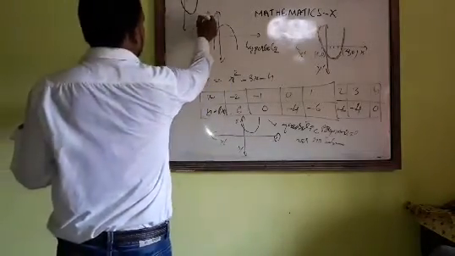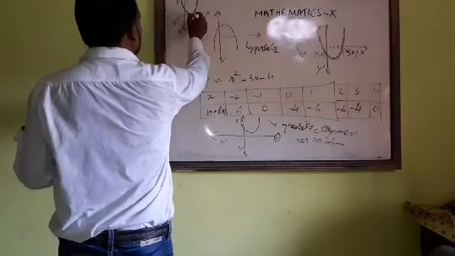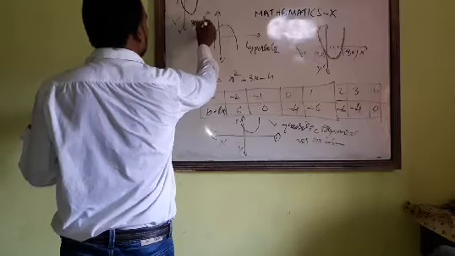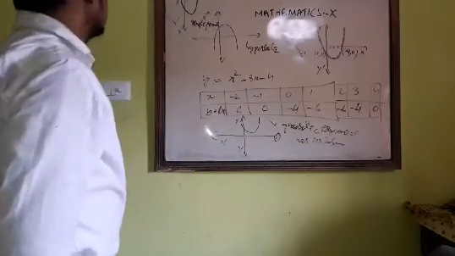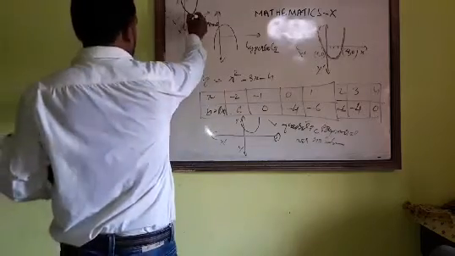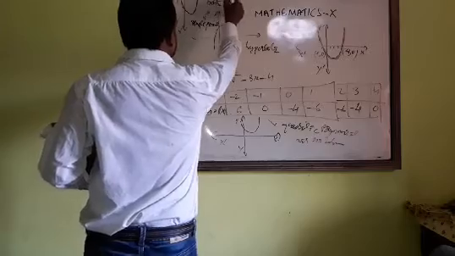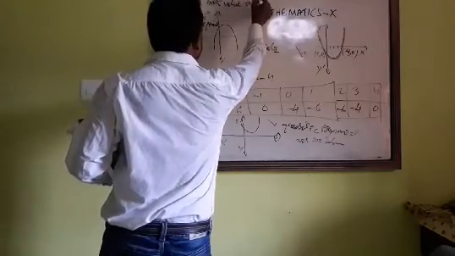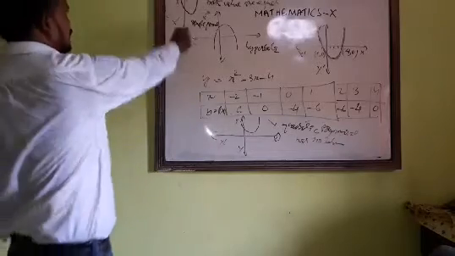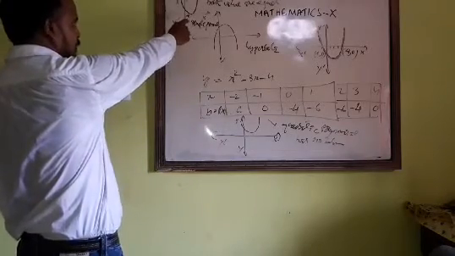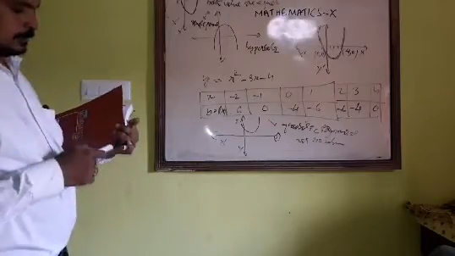It touches x and x dash only at a single point. Then you have to think that here both the roots are equal. Don't think that it has only one root. It also has two roots. A quadratic must have two roots, but both roots are equal.